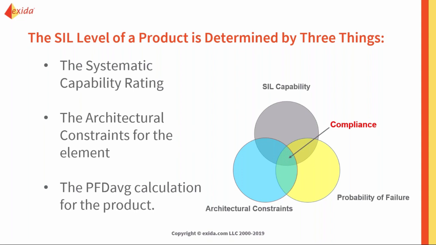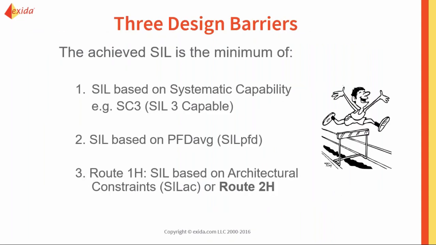They're also thought of as the three design barriers, or almost hurdles. You don't just pick one or two of them. You have to complete each of the three barriers, or hurdles, to be SIL compliant.